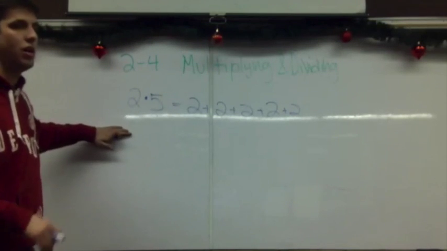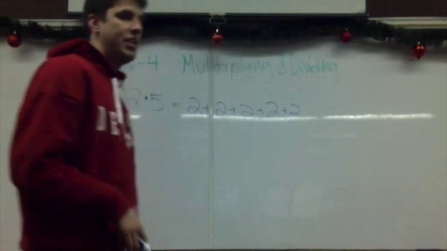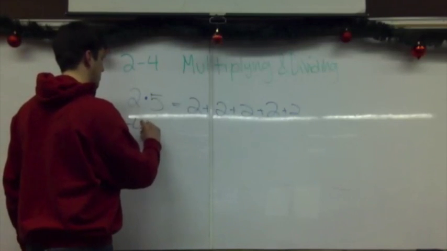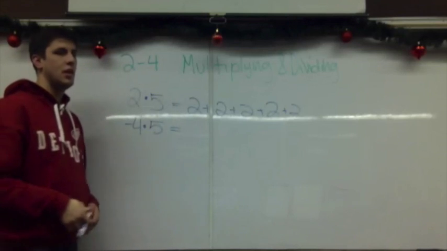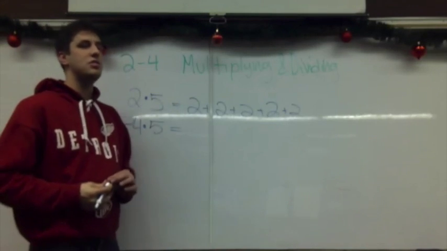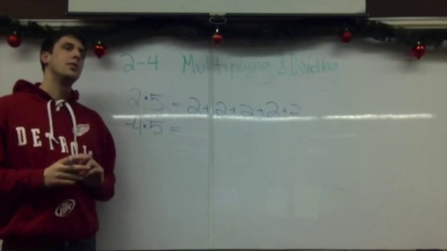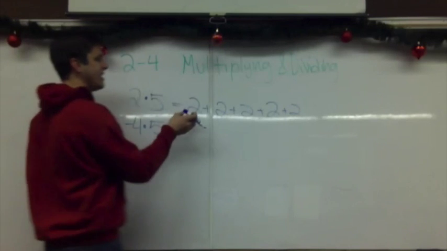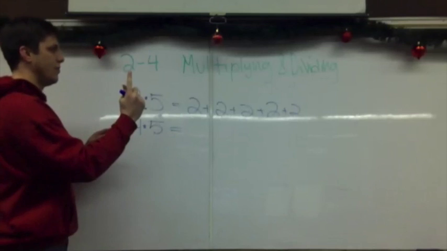The next one. Negative 4 times 5. Okay. So, with a string of addition, if you were to think about it, like up here, you add these together, and if you're on a number line, you say 2.